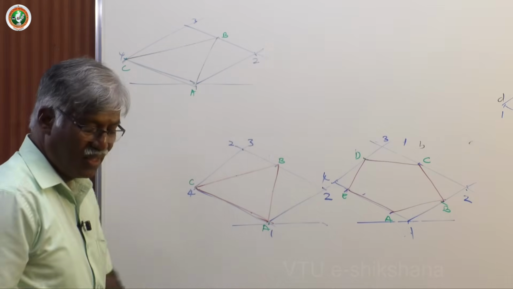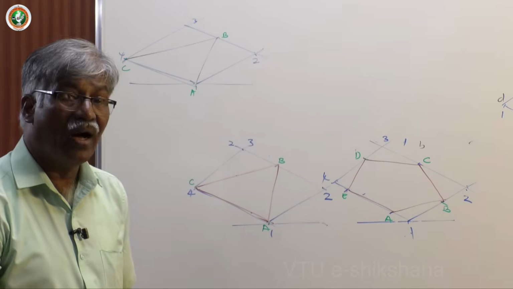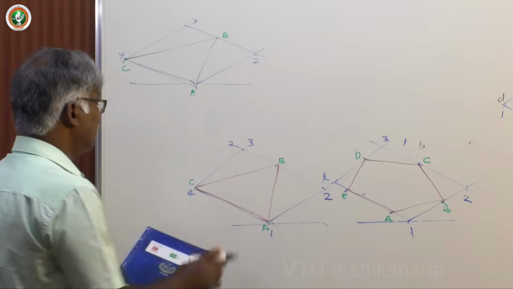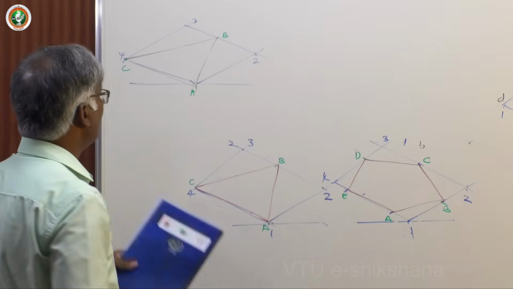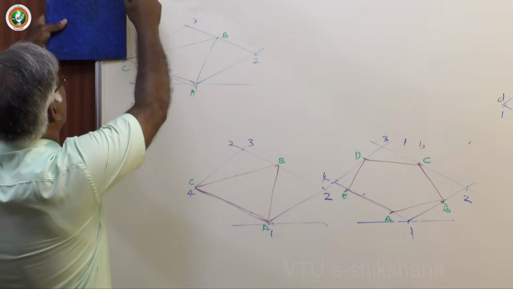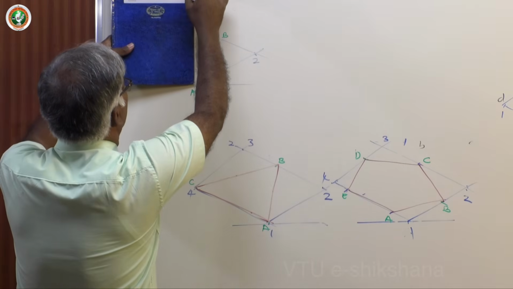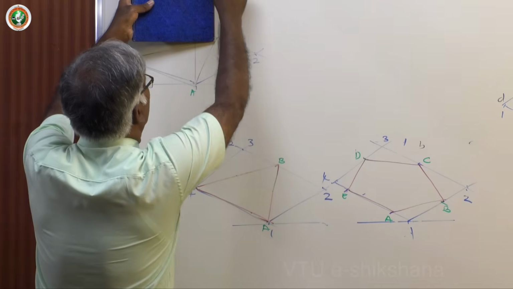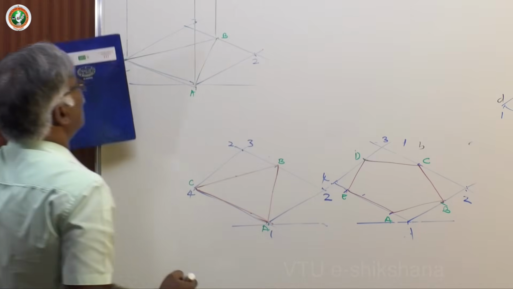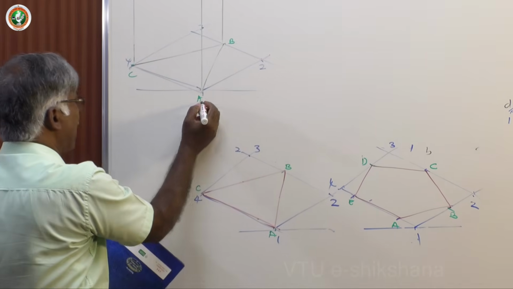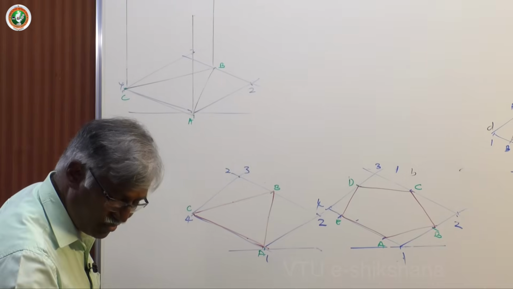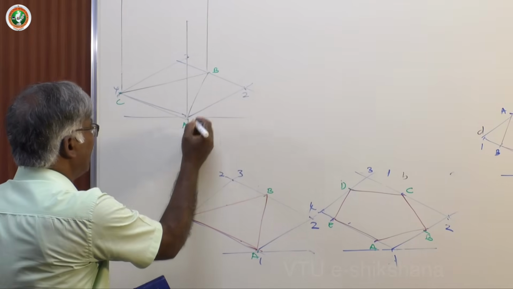Next, assume that the height of the prism is, this is 40, height of the prism is 60. So through all corners draw vertical lines. Vertical lines remain vertical, no change. Assume that it is 60. Mark, this is A1. If this is a lamina, then it becomes ABC.